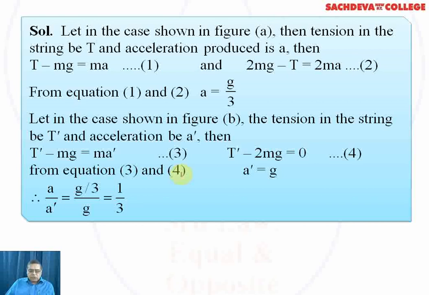We get two values of T dash, we equate them, and we come to the conclusion that a over a dash will be equal to g over 3 over g, because a is calculated from the first and second equations as g over 3 and a dash is equal to g. So by equating these two numbers, we find the acceleration is 1/3 of a dash, or a dash will be equal to 3 times the acceleration in the first case.